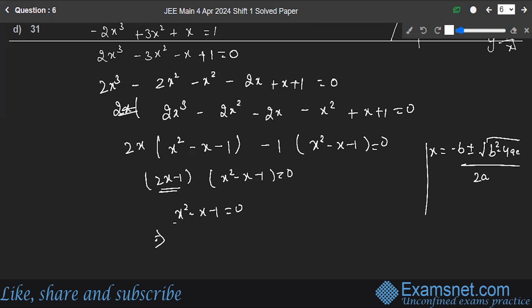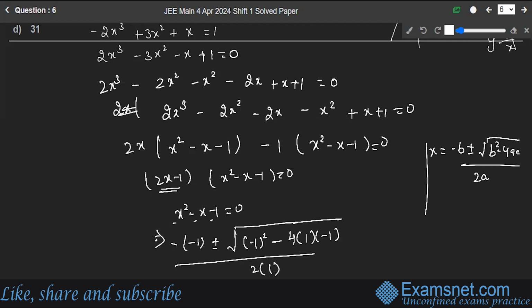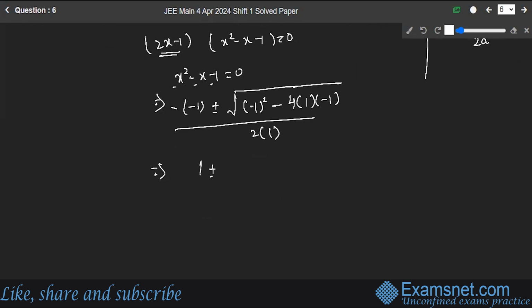So here your a is 1, b is minus 1 and c is equal to minus 1. So minus of minus 1 plus minus root of b square minus 4ac upon 2a. This gives you 1 plus minus root 5 upon 2.